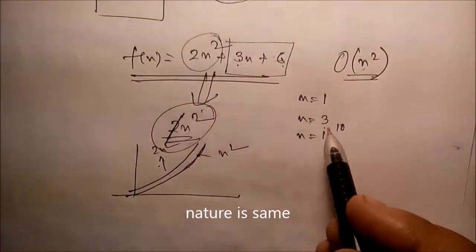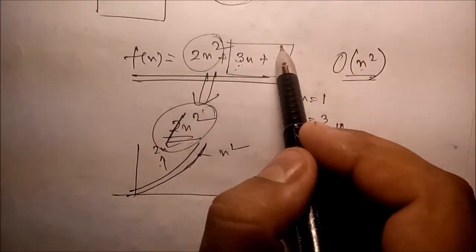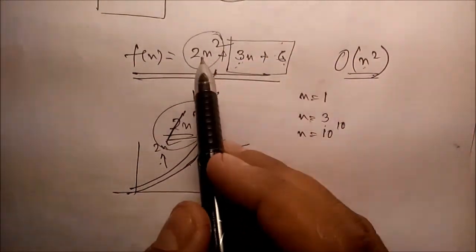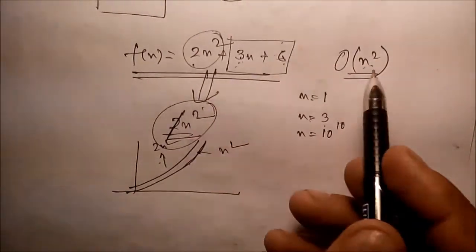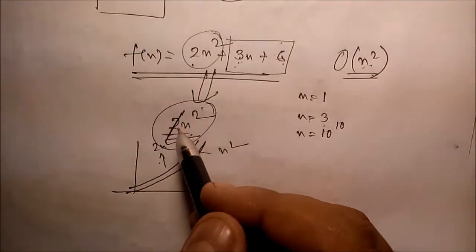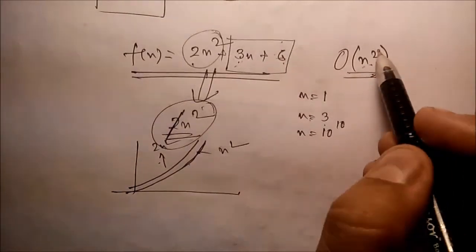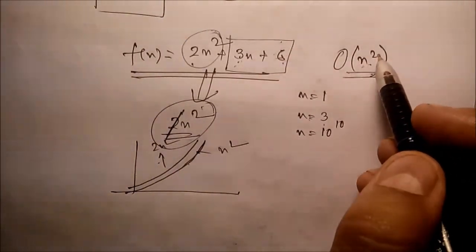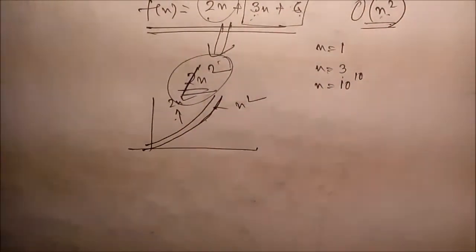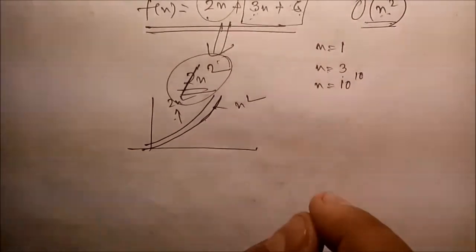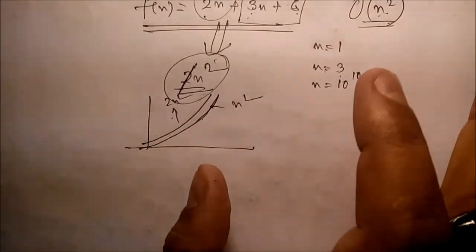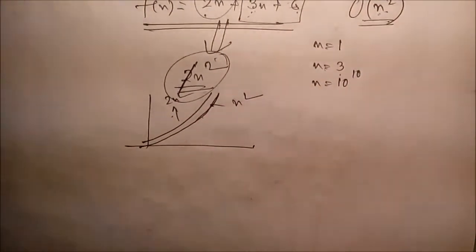Both are the same thing, so we can drop this 2 value. The main part is the n square part. Through asymptotic efficiency, we can exhibit the nature of the algorithm, not the exact complexity.